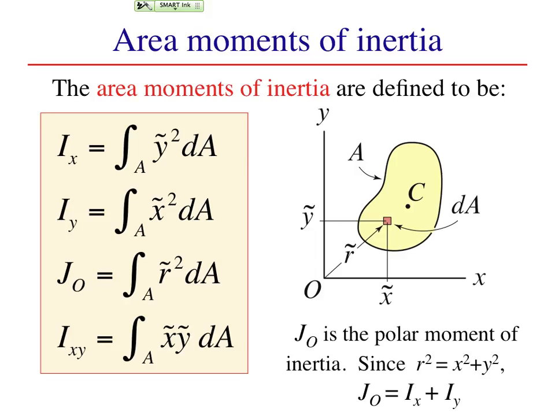Here we have definitions for 4 quantities associated with area moments: Ix, Iy, J0, which is essentially also Iz, and something called Ixy. The first 3 of these we'll call area moments of inertia. This last one will actually be a product moment of inertia.